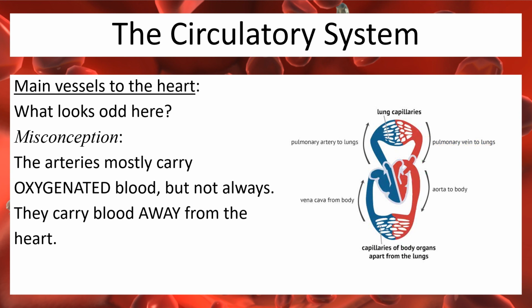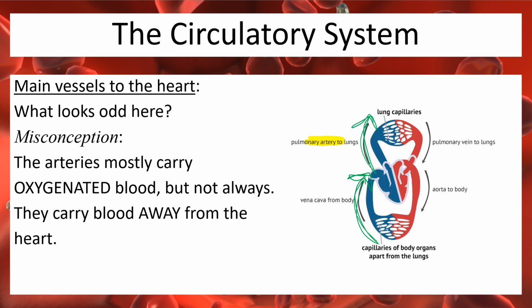So similarly, if I follow the path of the deoxygenated blood, it's coming from the organs into the heart here, and then it's going from the heart and to the lungs. And again, it's a common misconception to assume that because it's deoxygenated, this must be a vein. But again, if we look at the label up here, we've got a pulmonary artery. So arteries always come from the heart, no matter what they're carrying.